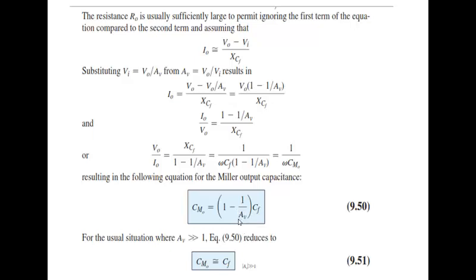So when you plug in the minus here, this minus and this minus become plus, so the capacitance would always be a positive number. For a usual situation where gain is much greater than 1, 1 over gain would be approximately equal to 0. So Cm naught would be approximately equal to Cf, the feedback capacitance. This is only true if gain is much greater than 1.